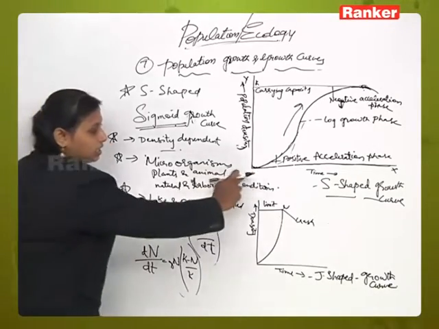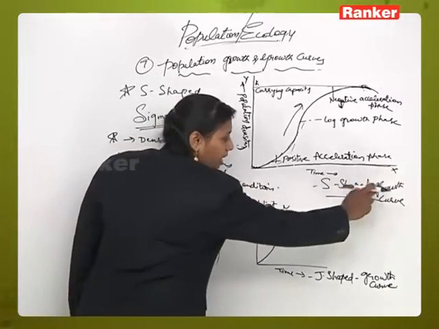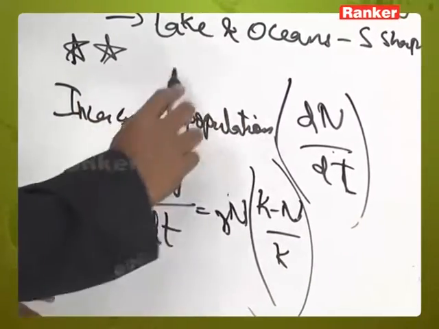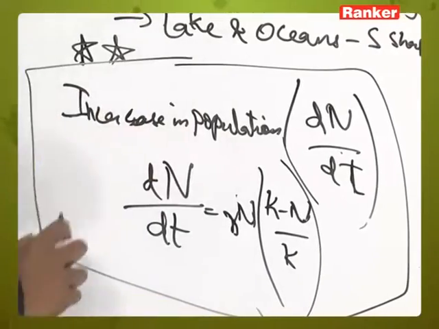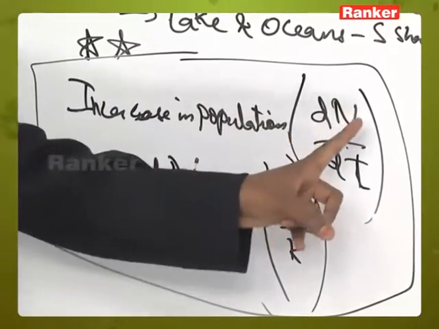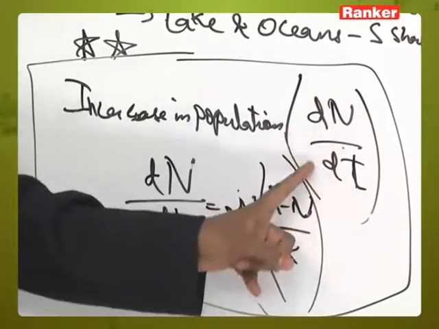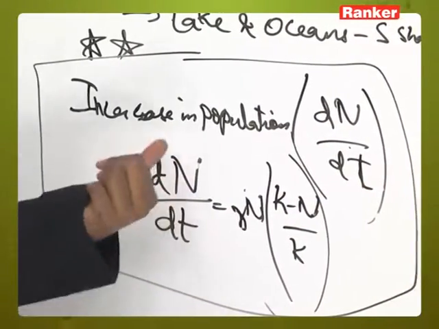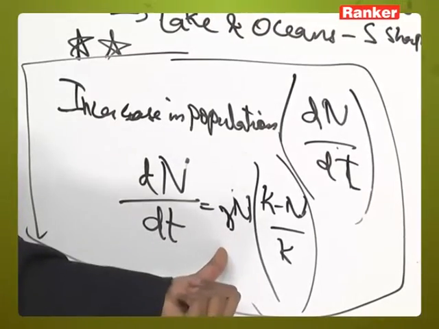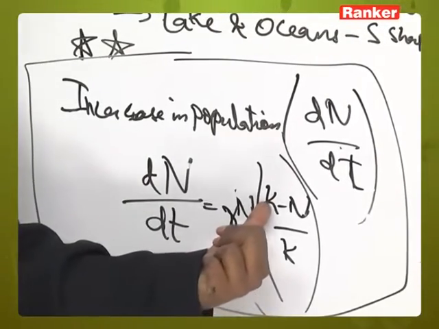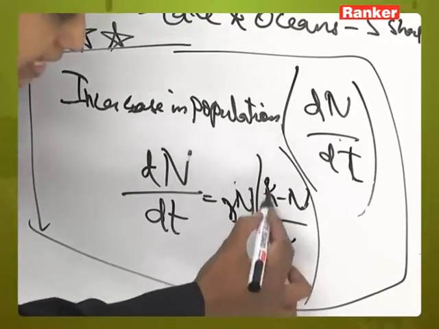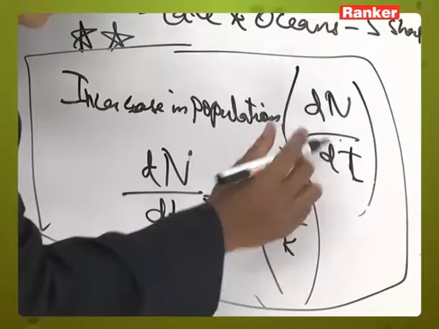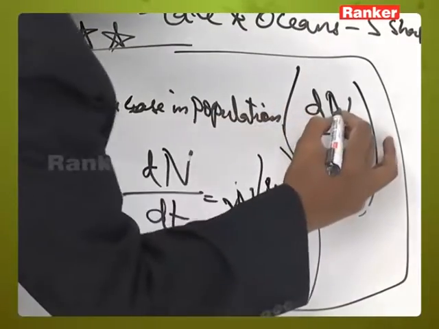Now I will just give the attributes of this. The sigmoid or S-shaped growth curve of a population can be represented mathematically in the form of the formula written here. Increase in population, dN, the change in the number of individuals in a population, by dt, the change in time. T is time here, capital N is the number of individuals, r is the biotic potential, K is the carrying capacity of that population. So K is the carrying capacity, r is the biotic potential, N is the number of existing individuals in a population.